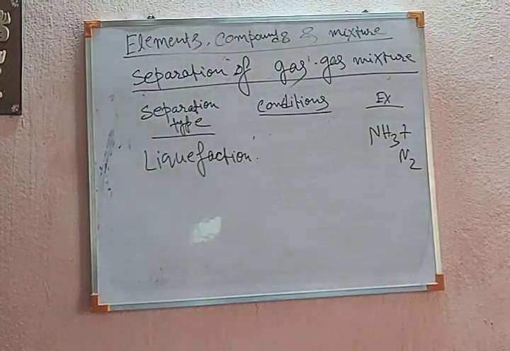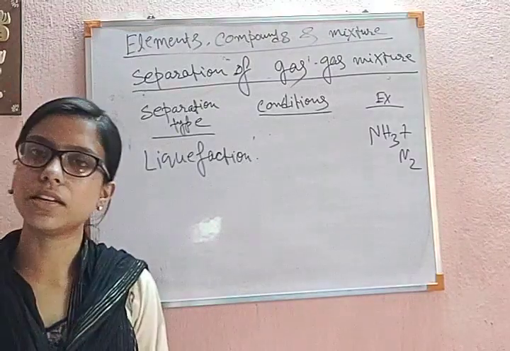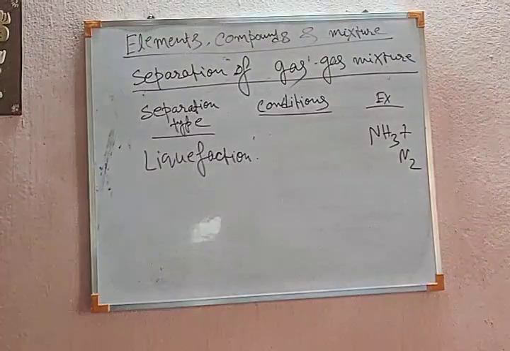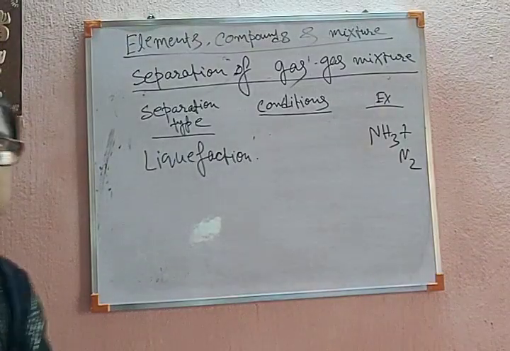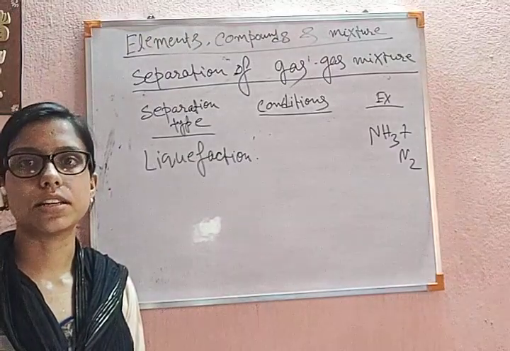The condition is a mixture of gases where one gas is easily liquefied but the other is not. When we apply pressure and try to liquefy, one gas is liquefied but the other remains in the gaseous state.